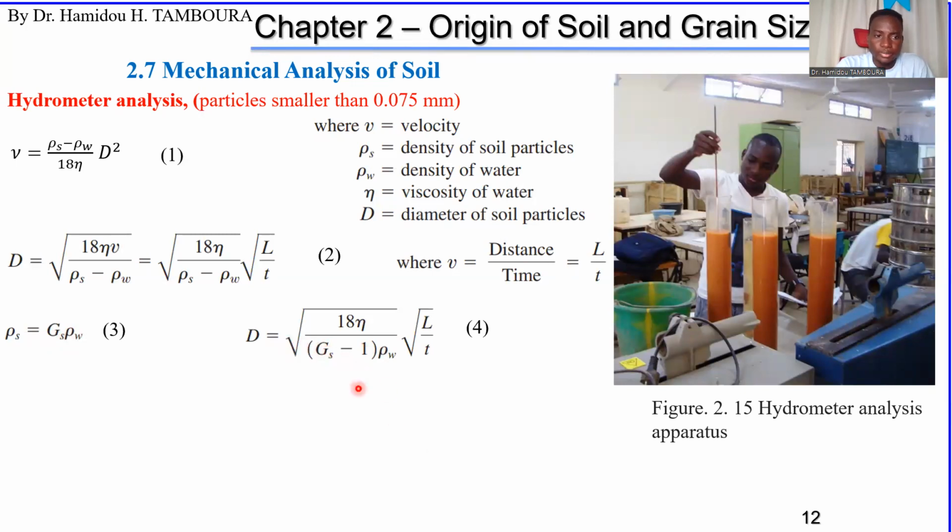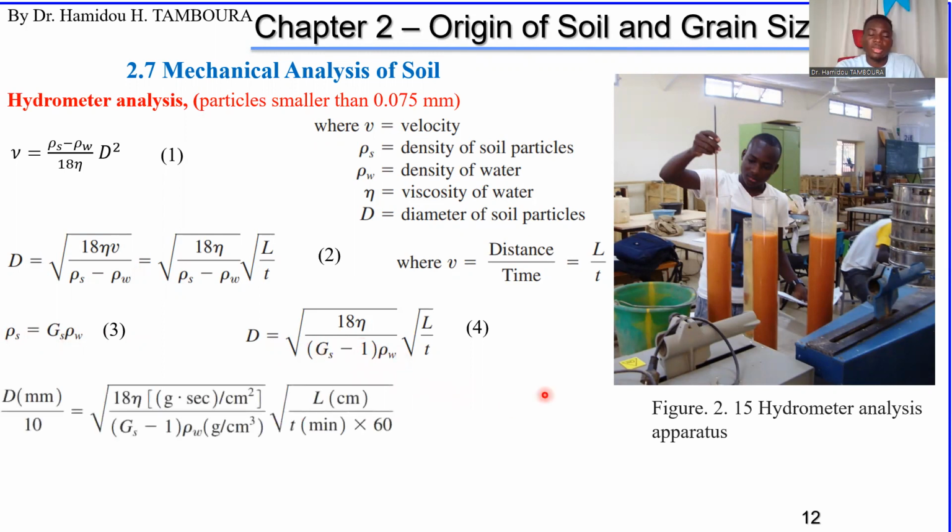Just replace this one by this, then we can make it something like this. Then for the units, we want the diameter in millimeter, because the viscosity will be in gram second per square centimeter.